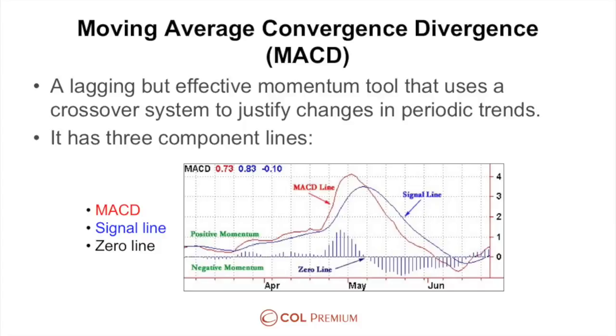So how that works, if we look at an example, is you want to be able to combine both signals, which means that you want to buy when the red line crosses above the blue line, while both of them are above the zero line.